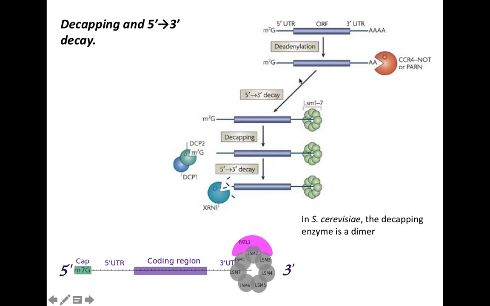In both cases, you first need to remove the poly A tail, and that's why it was called de-adenylation dependent mRNA decay, because you could not destroy the mRNA molecule without destroying the tail first.